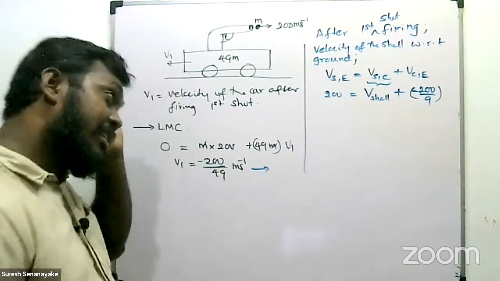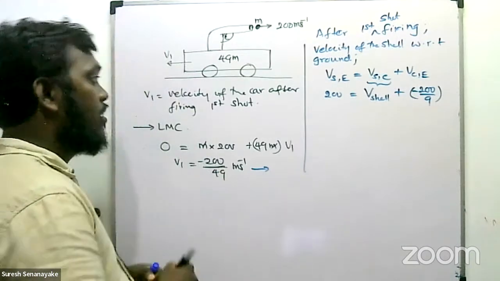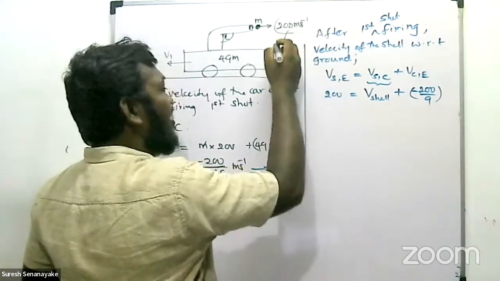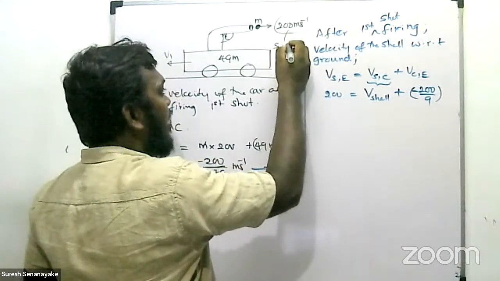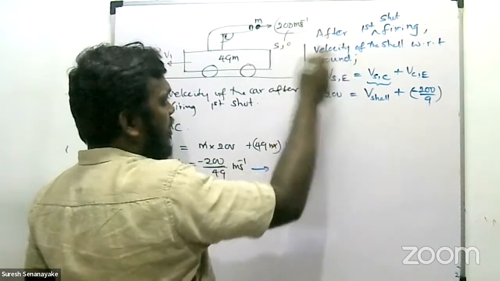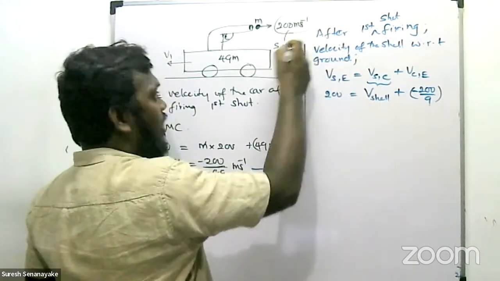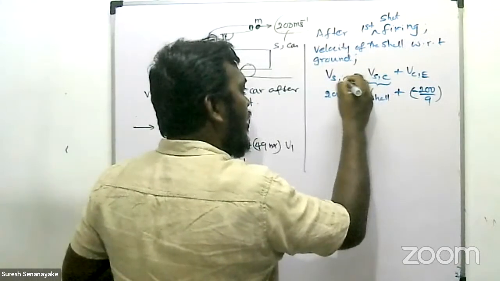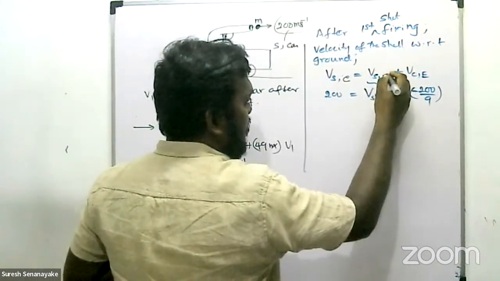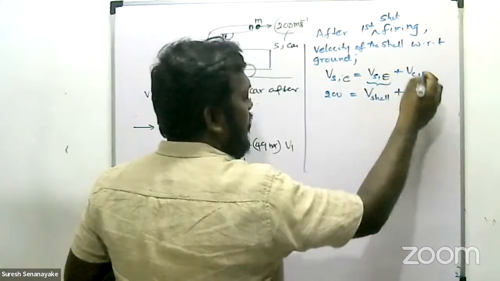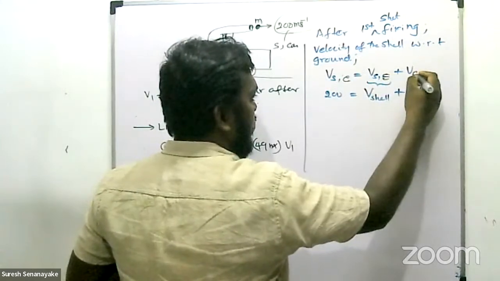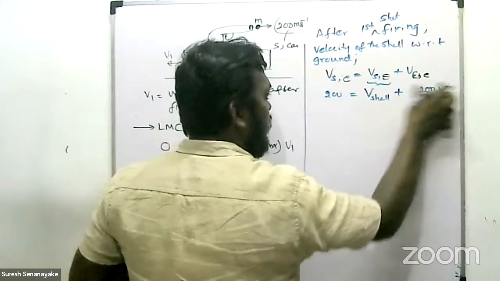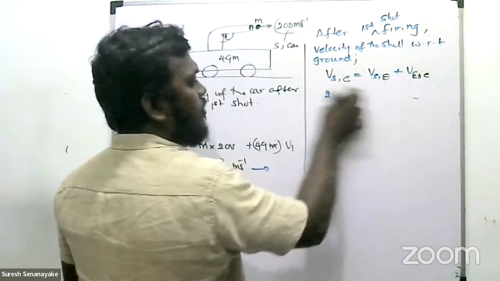The 200 is the velocity of the shell with respect to the gun, and the gun means the car. So this is with respect to the car, and it equals the shell with respect to the earth plus the earth with respect to the car.